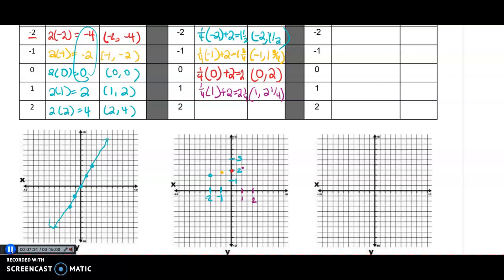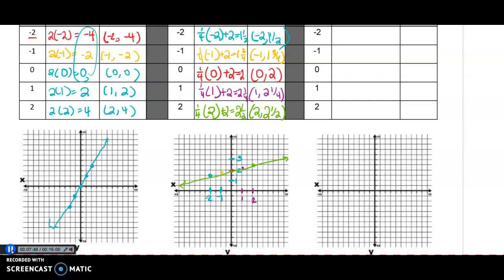And then my last one, 1/4 times 2 plus 2 would be 2.5. So that's 2, 2.5. You could have also plotted up by 4 boxes there. So then that connects to be that line.